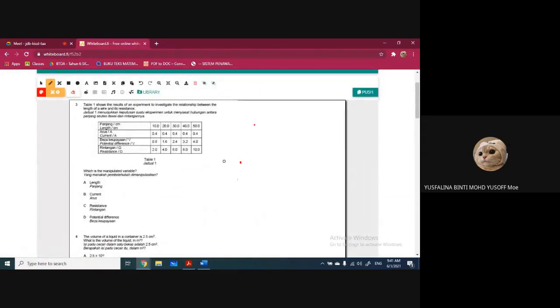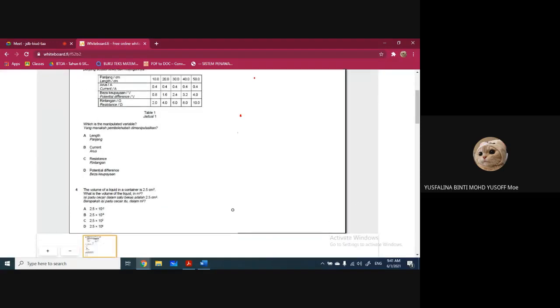For question number 3, table 1 shows the result of an experiment to investigate the relationship between the length of the wire and its resistance. Which is the manipulated variable? The manipulated variable should be length, so the answer is A. The current is a constant variable, and the potential difference is the responding variable. The resistance you have to calculate using the formula V equals IR to find R, so the V should be the responding variable.